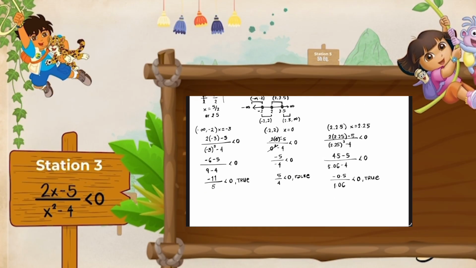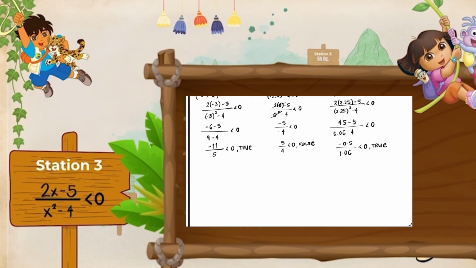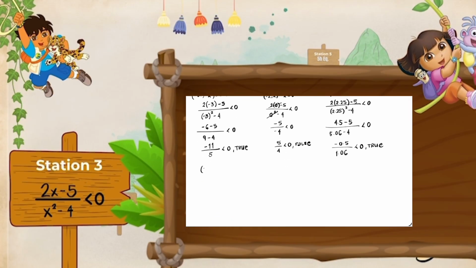And the last ordered pair, 2.5 and positive infinity. Let's choose positive 3.